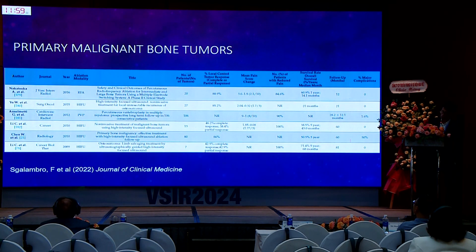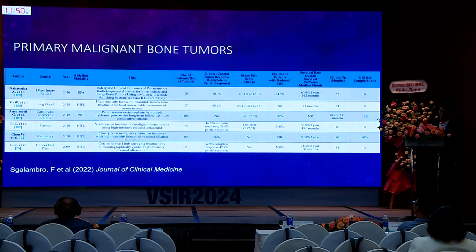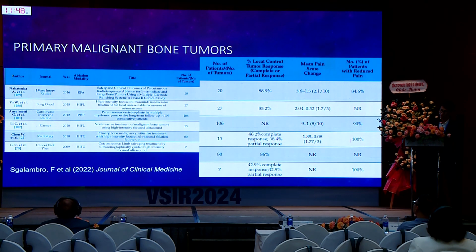There's also a lot of literature published, promising but not as extensive as the rest, for primary malignant bone tumors and the role of thermal ablation in it. The local tumor response rate is about 81%, mean pain score change is about 2 to 8, and 80% of patients show reduced pain.